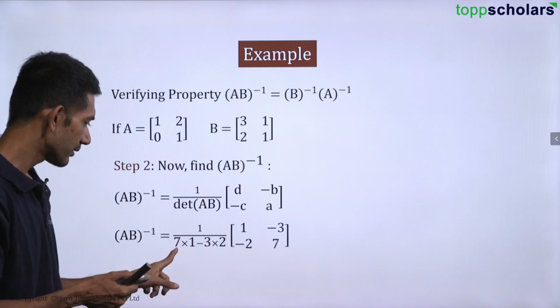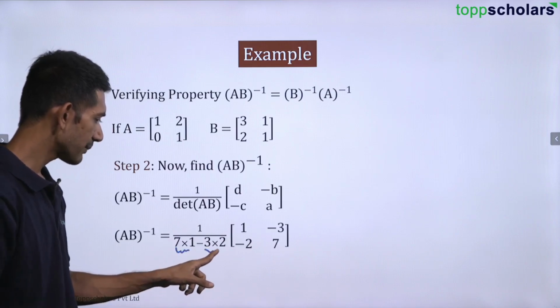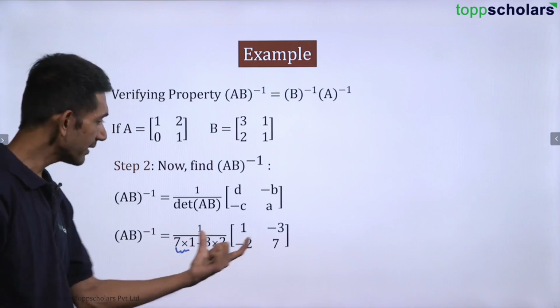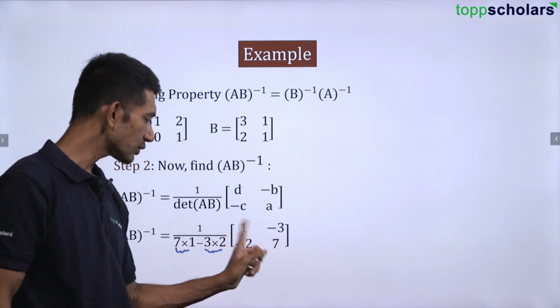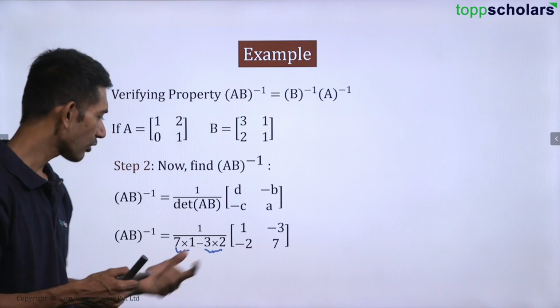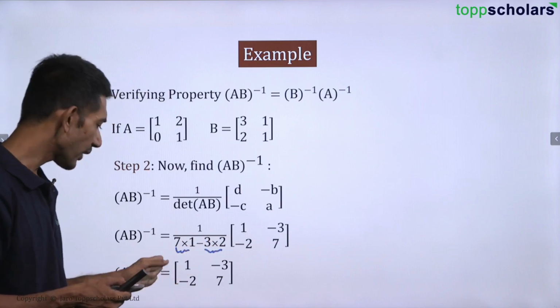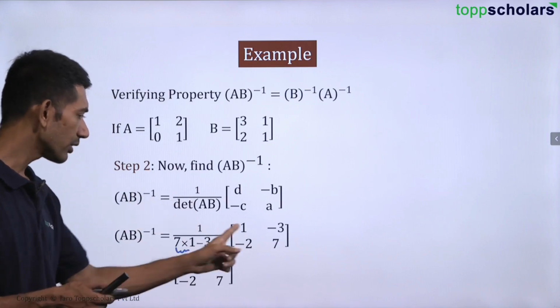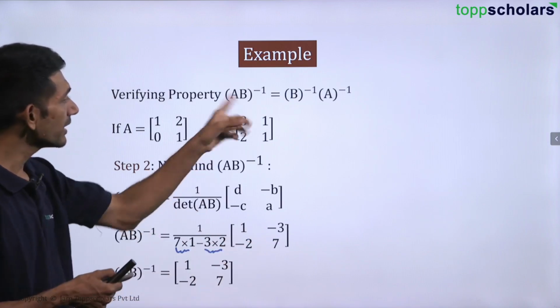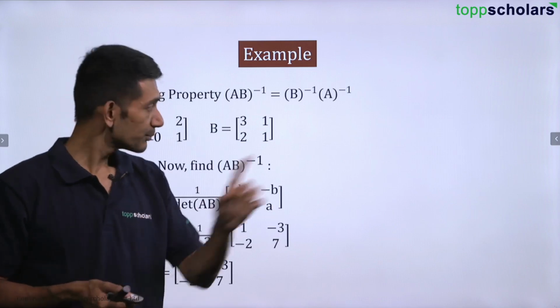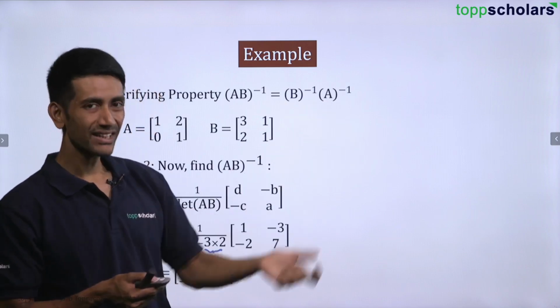Correct? And then here we'll just interchange 1 and 7 and take the minus signs. Solve this further. This becomes 7 into 1 is 7, 3 into 2 is 6. So anyway it is 1 outside. This is (AB) inverse. Please make a note of this because we are going to solve for B inverse, A inverse also.